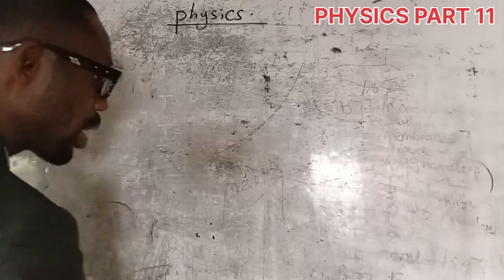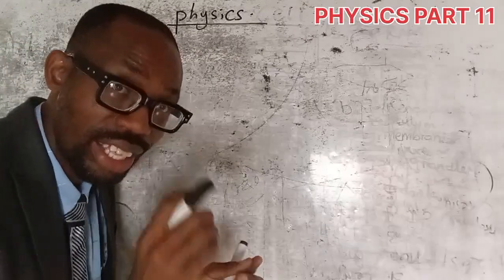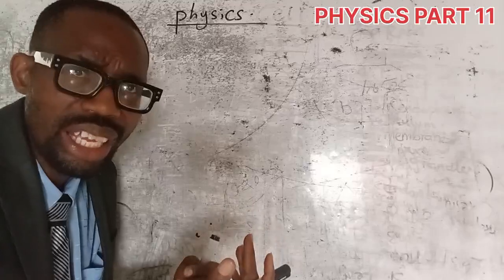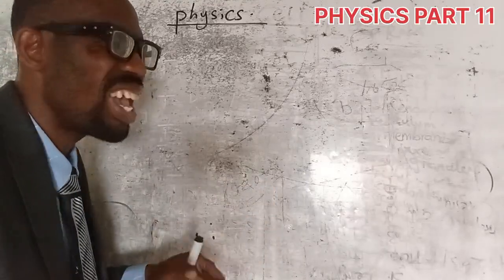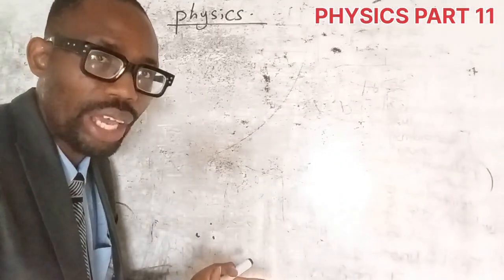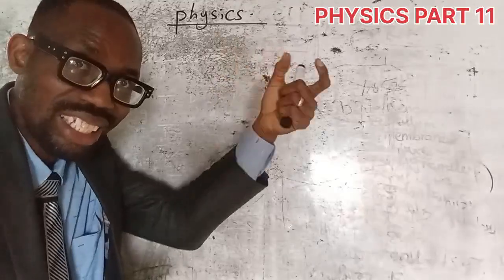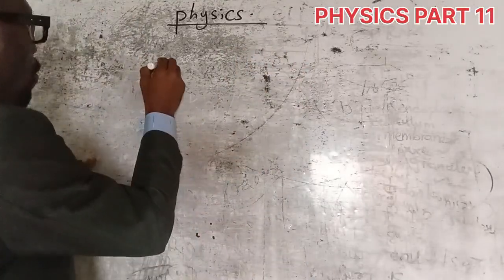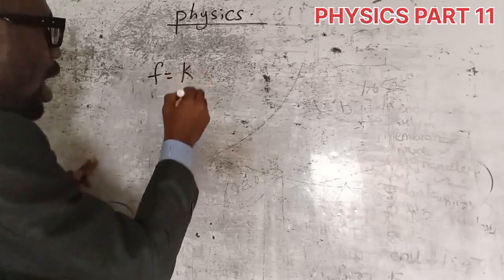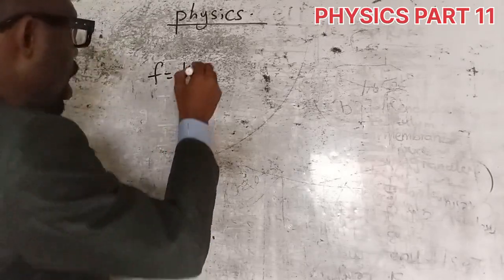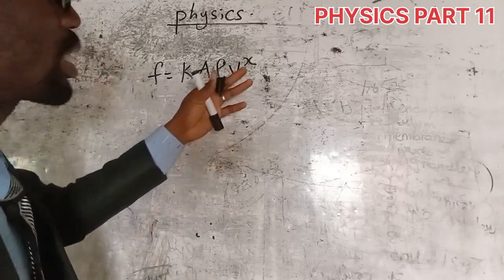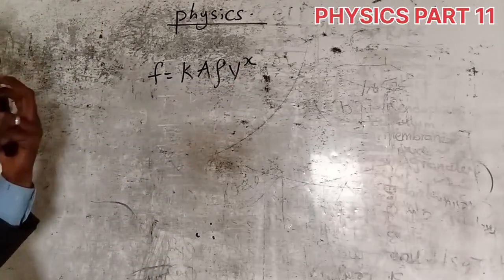If a body moves in the air, let's say a body is released in the air, and this body experiences a retarding force, a resistance in the air, and the relationship is given as, let's say, F is equal to K A rho V to the power X. Then I say, let's calculate X. Do you understand what I'm saying now?